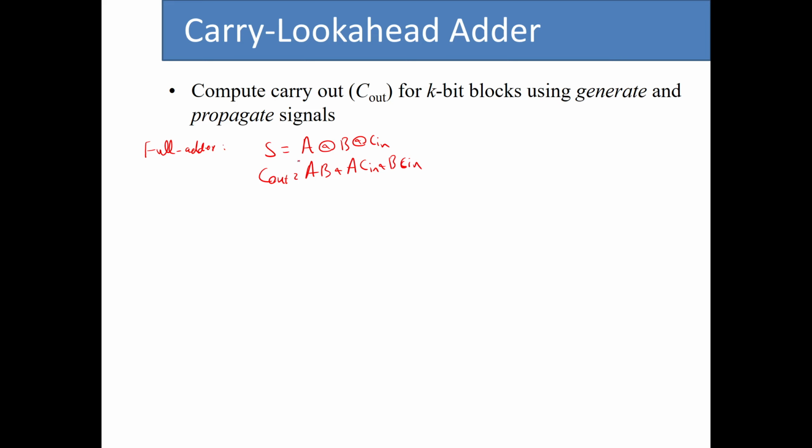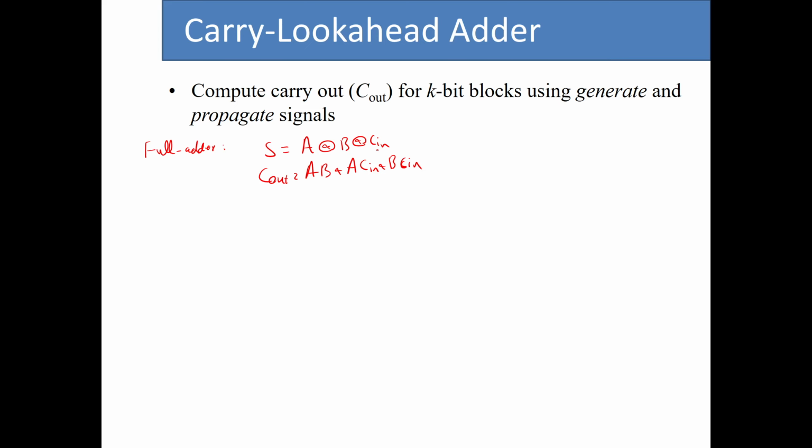As you can see, for calculating S, we need to have a 3-input XOR gate. Or if we don't have access to that, we should implement it using the sum of products, which required us to have 4 3-input AND gates followed by a 4-input OR gate. For the carry out signal, we require 3 2-input AND gates and 1 3-input OR gate.